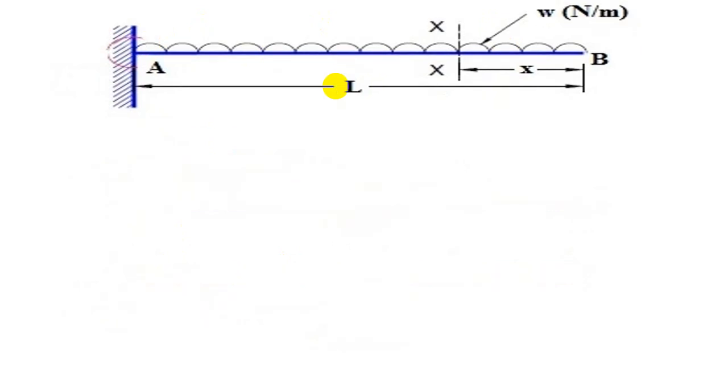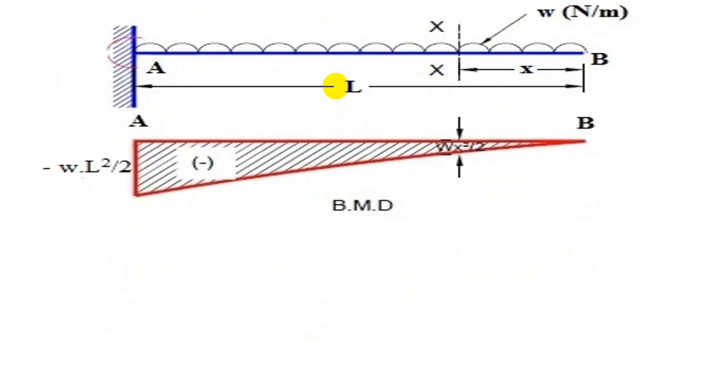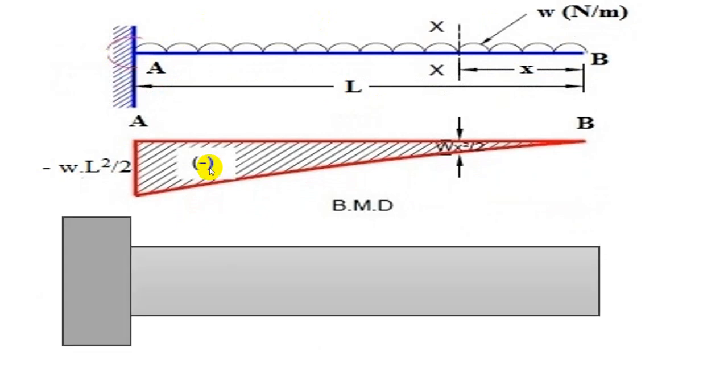So here is our beam and here is our moment diagram. Suppose this is the column face and this is the beam face. Here consider this is the column reinforcement, the longitudinal bars and ties.